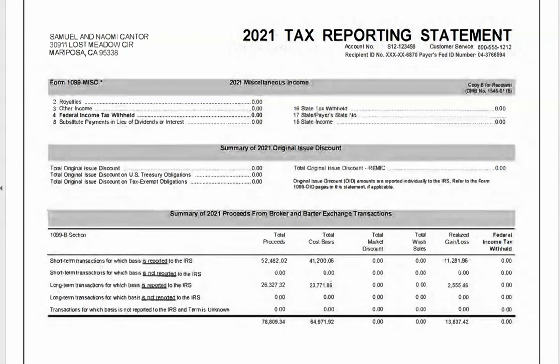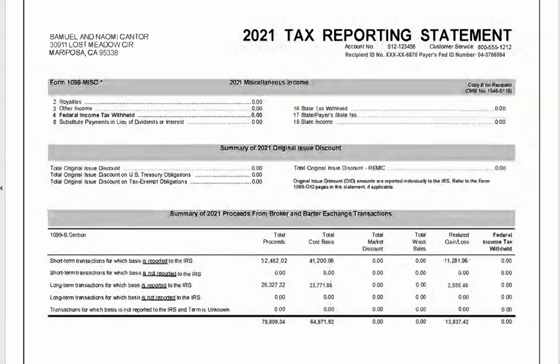Some of you might know of these transactions as being Code A, the 52,000, and Code D, the 26,000 in proceeds. The second one not reported would be Code B, short-term, and the not reported to the IRS long-term would be Code E. But TaxSlayer doesn't use that terminology, A, B, D, and E, so we won't either.